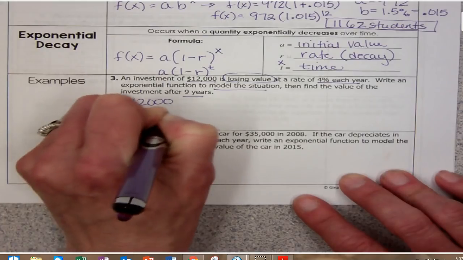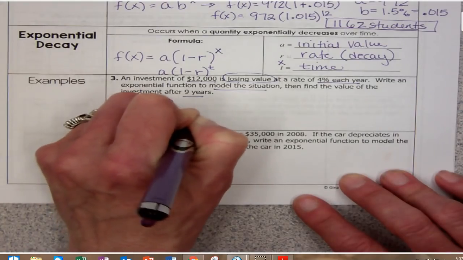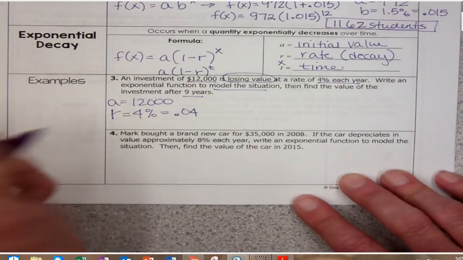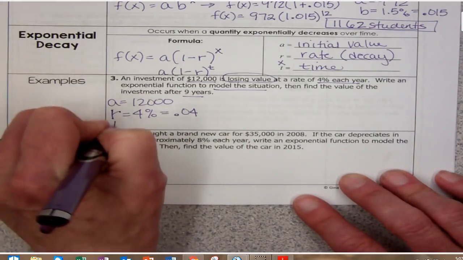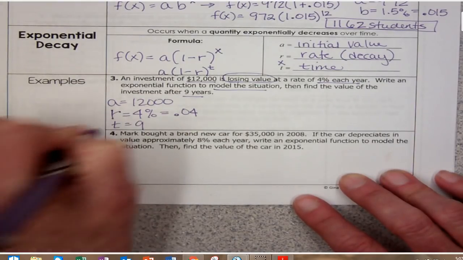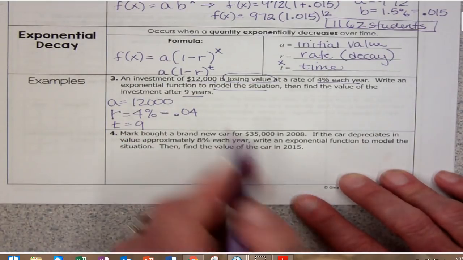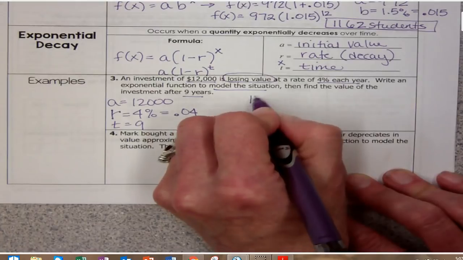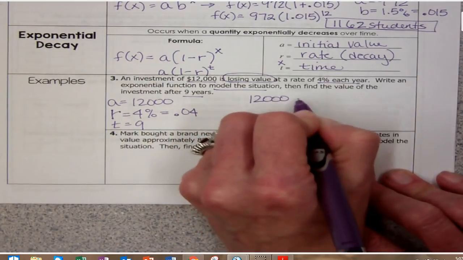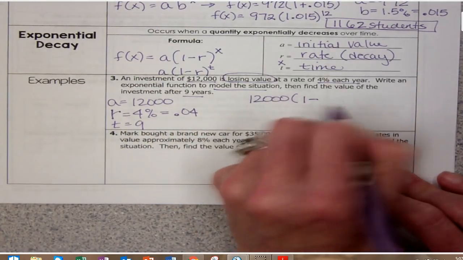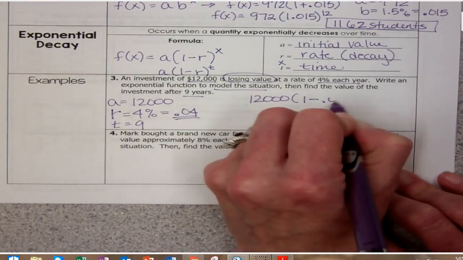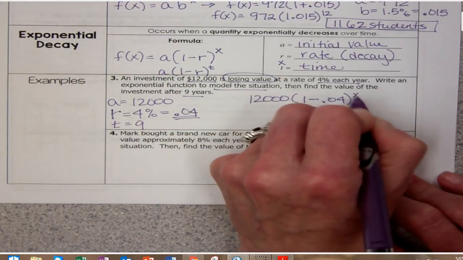This is very similar to your car project. And then the time is going to be 9 years, which is x, or your exponent. So my equation is going to be 12,000 times 1 minus 0.04 raised to the x power.